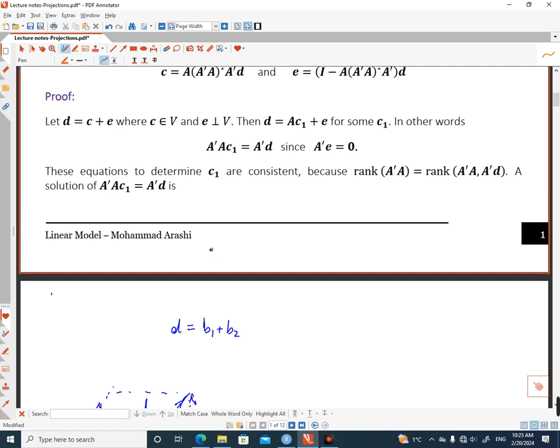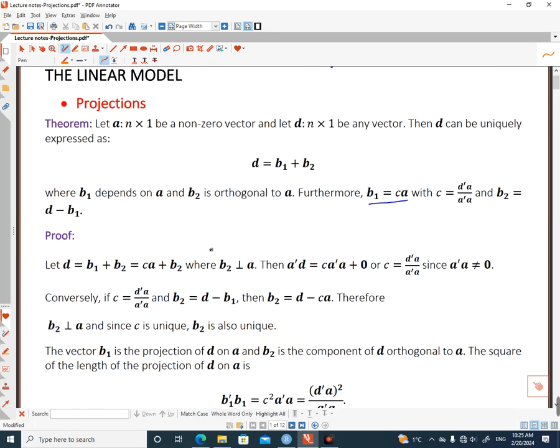Now let's go back to the proof and see how we can do this. Suppose D is equal to B1 plus B2 and B1 is equal to CA. Once again, from the figure, we saw that B2 was orthogonal to A. Therefore, if I pre-multiply both sides of D with A prime, we have A prime D equal to A prime B1 plus A prime B2.